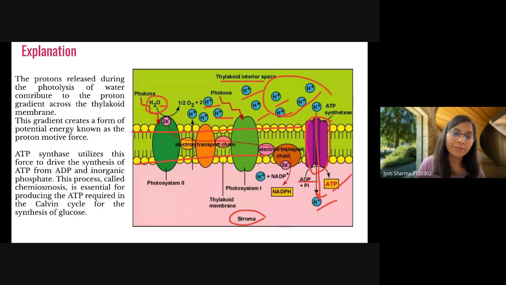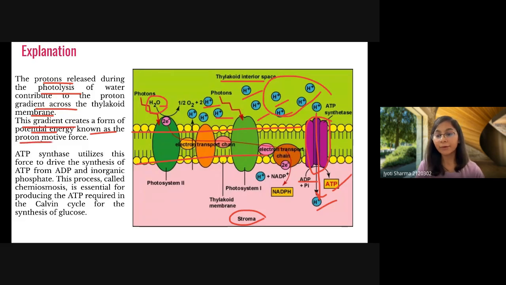So here I have written it. The protons released during the photolysis of water contribute to the proton gradient across the thylakoid membrane. This gradient creates a form of potential energy known as the PMF, and this PMF terminology is very famous.